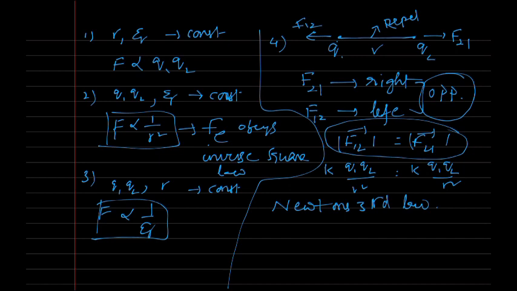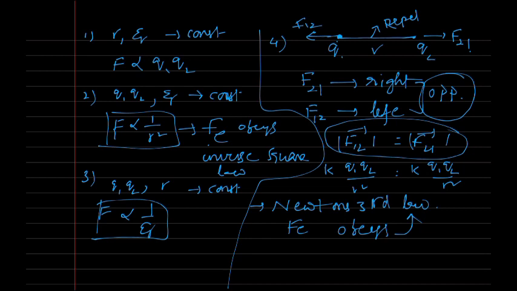In our case also, the force F21 is acting on q2, and F12 is acting on q1. These two forces act in opposite directions, with the same magnitudes, on two different particles. So we can simply conclude that electrostatic force obeys Newton's third law of motion.